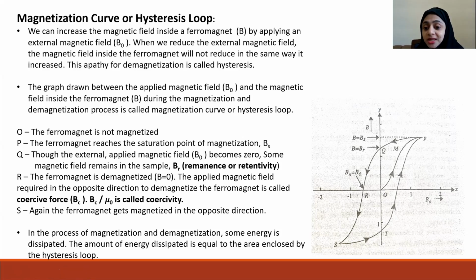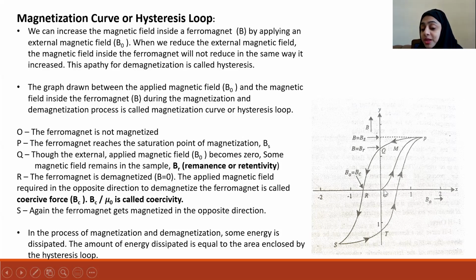Now, we slightly increase the applied magnetic field. So we apply a magnetic field. What happens inside the ferromagnet? The magnetic field B slightly increases with the applied magnetic field.